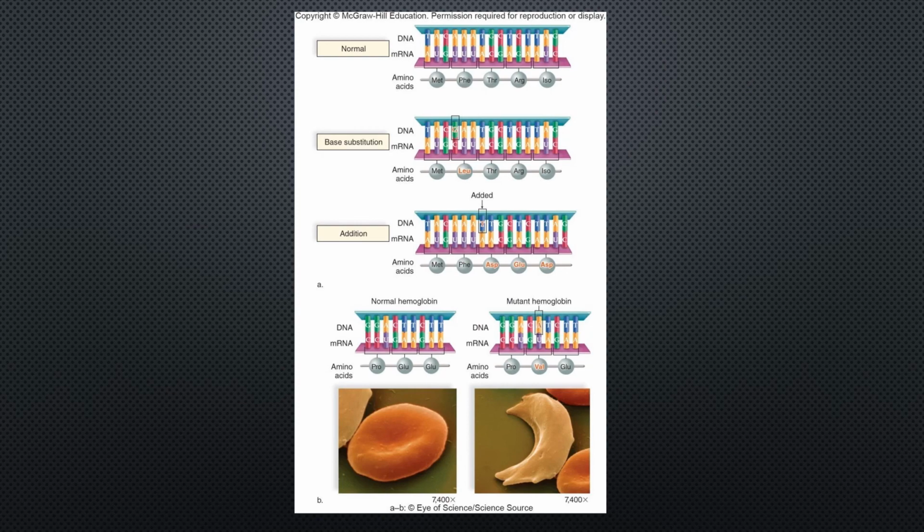So hopefully that explains then how with sickle cell, when we have a point mutation, it codes for the wrong amino acid, and therefore the hemoglobin protein does not fold correctly. So this is a missense mutation.